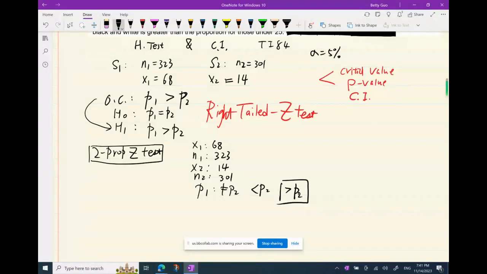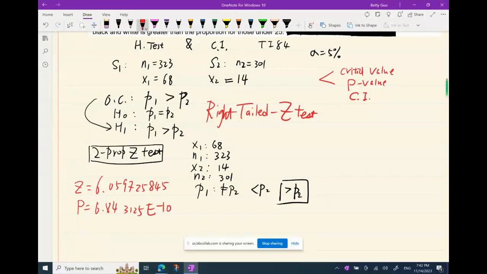Then we go right twice to highlight and confirm p1 is bigger than p2. That's how the calculator knows you are doing a right-tailed z-test. And then calculate. Let me tell you what I have for the test statistic and the p-value. My test statistic is 6.059725845. My p-value is 6.843125 e to the power of -10.